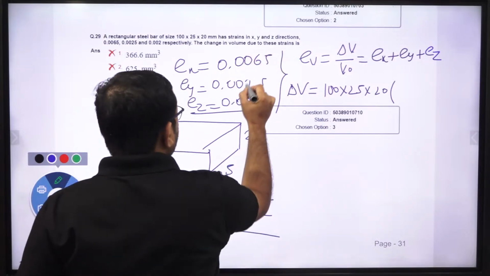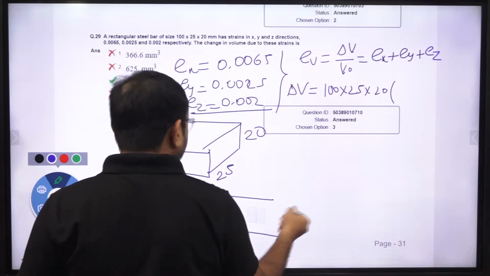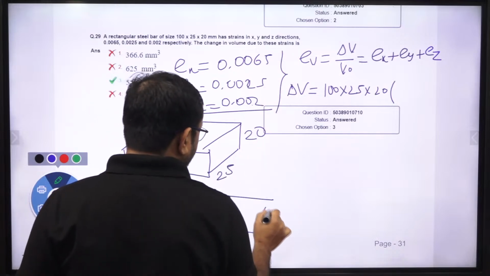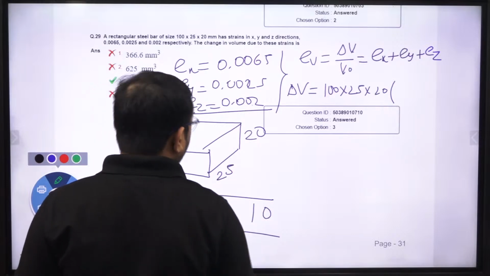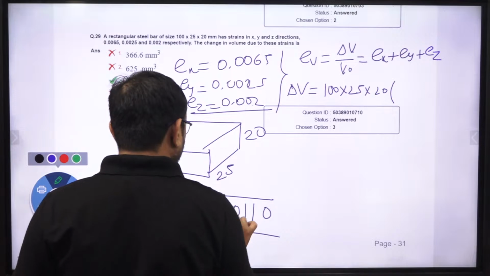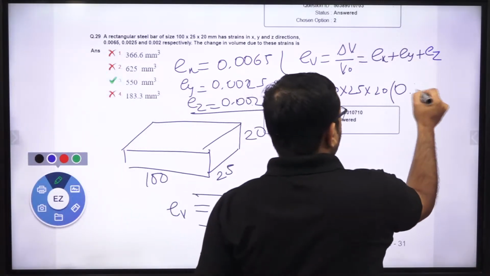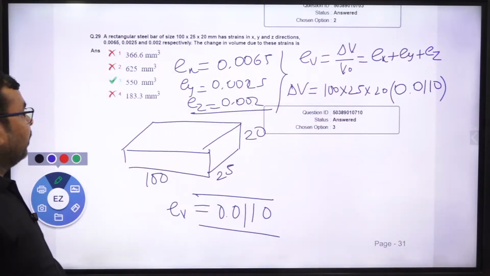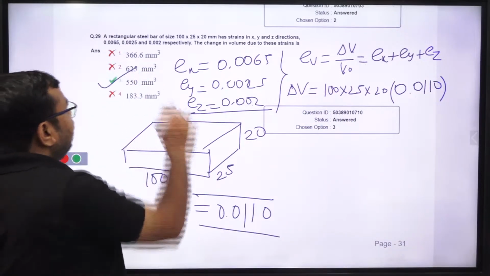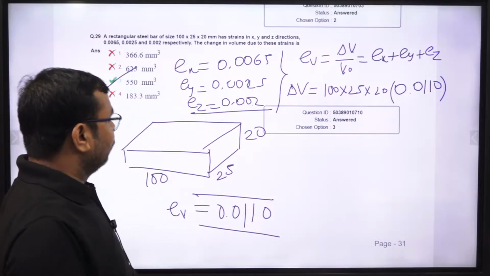So this is wrong. Actually here 5 plus 5 plus 10, this is 0, 1. So 6 plus 2 plus 2, this is 10 plus 1, 11. So this is 0.0110. Correct? So when you calculate this, you will get this answer: 550 millimeter cube. Is it clear?